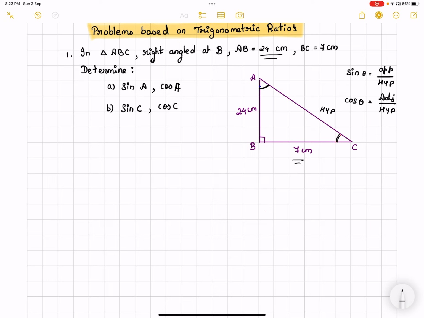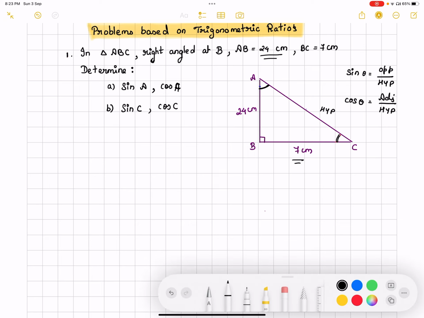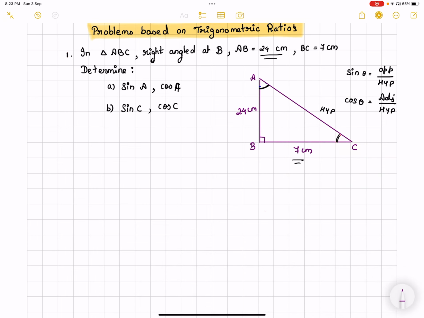So let's see what the Pythagoras theorem states. The Pythagoras theorem is possible only in a right angle triangle. Let me just write the theorem.